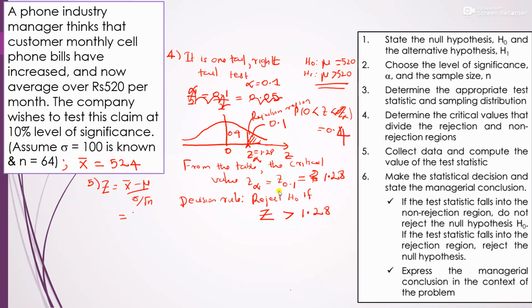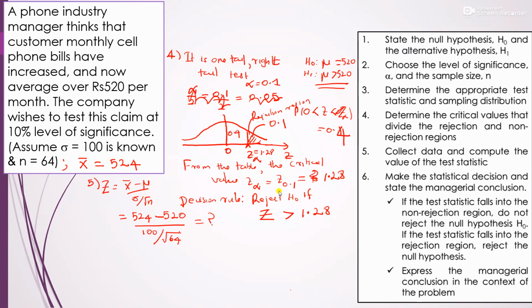So the mean value 524 minus mu, that is 520, over sigma 100 over square root of n, 64. Now you can get this value, right?